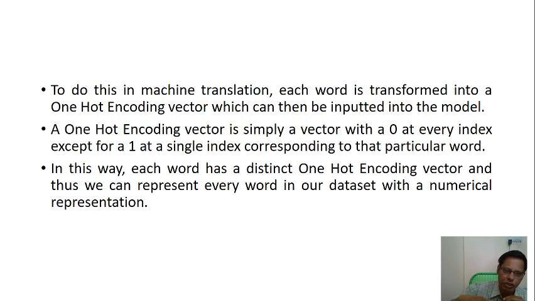So when it is going to represent one form to another form, it is converting the information to zeros and ones. So in this way each word has a distinct one hot encoding vector, and thus we can represent every word in our data set, and based on that we are able to see translation from language to language, is it not?